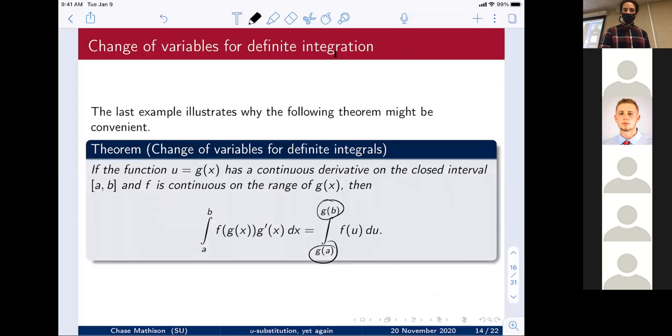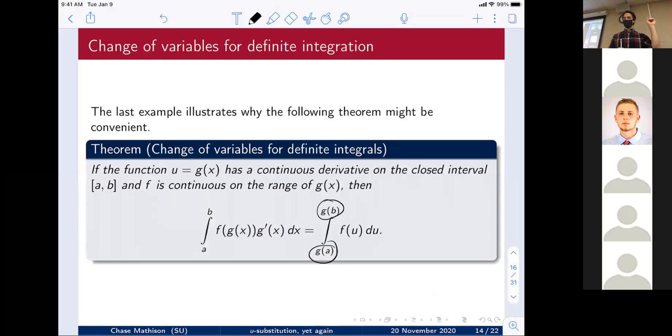So, sine of 1 is not 0, in case anybody thinks that for the last problem. Sine of 1 is about 0.8, okay? So this theorem here is about how, if I have a definite integral where the integrand requires u substitution, I can shortcut first finding the antiderivative in terms of x and then plugging in plus and minus whatever.